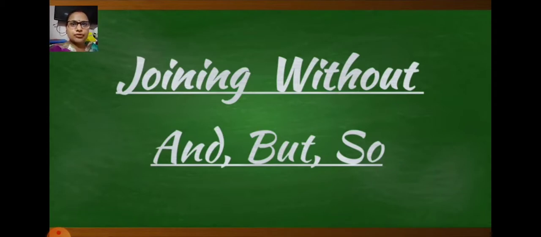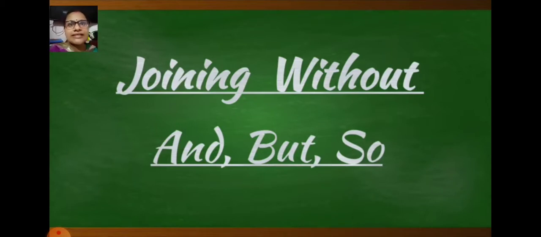Students usually get confused about how to join the sentences without using and, but, so, because. These are very common conjunctions which come to our mind in a fraction of a second, and we think we can join the sentences using only them.